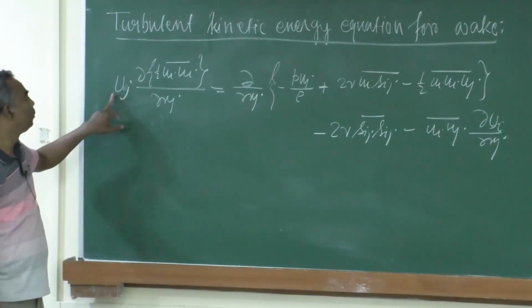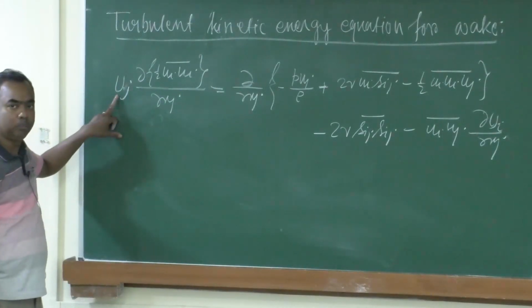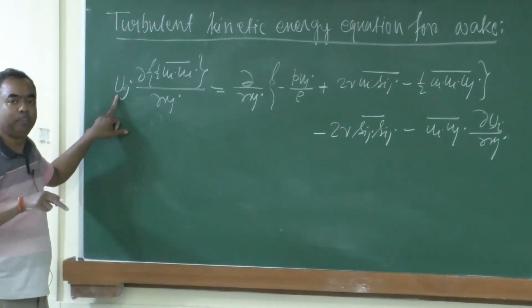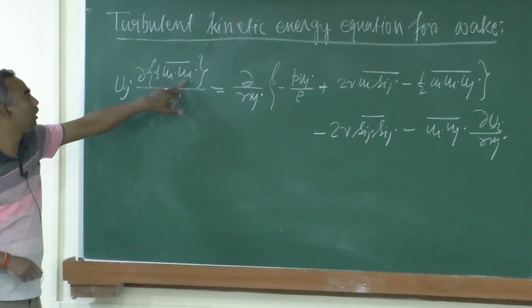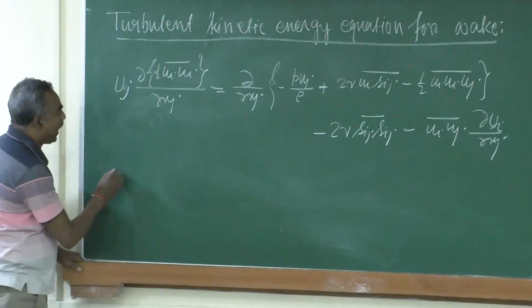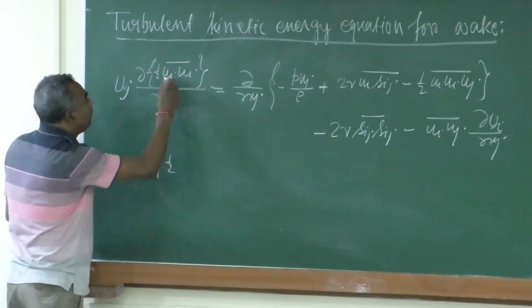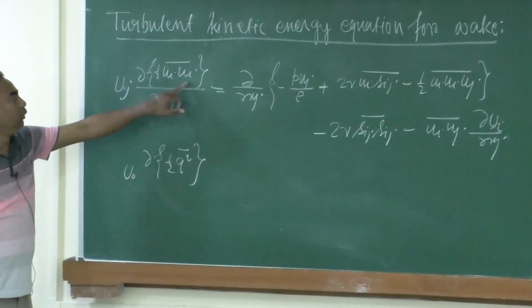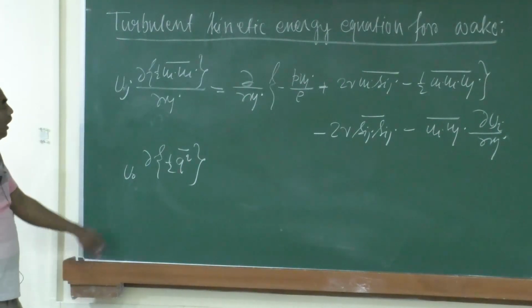Here u2 is 0, so the second part is 0. u1 is the local mean velocity, and the local mean velocity we have shown in previous classes can be written as u naught. If we denote this particular quantity as q, where ui into ui is equal to q square, which is nothing but half of the kinetic energy, then this can be approximated as u naught del half.